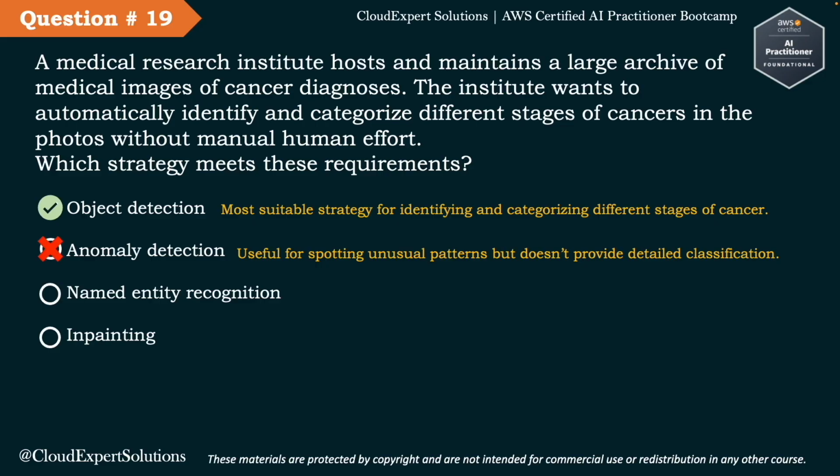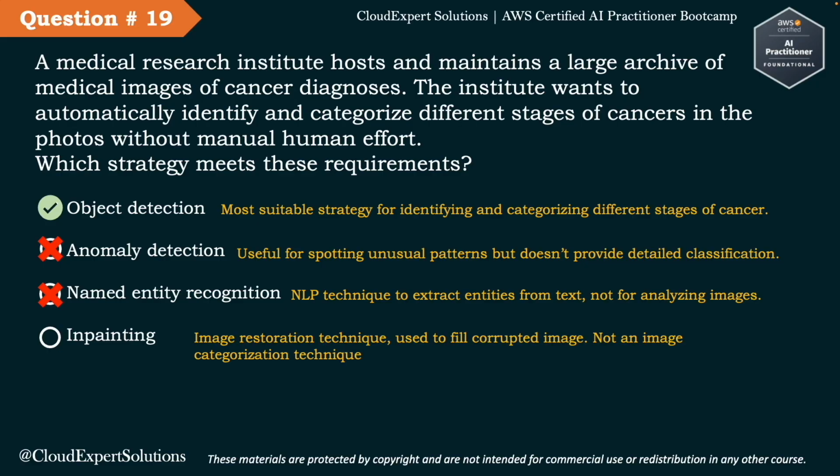Let's move to option number 3, named entity recognition. Named entity recognition is a natural language processing technique for extracting entities from text, not analyzing images. That is why this is not the correct option. And the last option is inpainting. Inpainting is an image restoration technique which is used to fill missing or corrupted parts of an image.